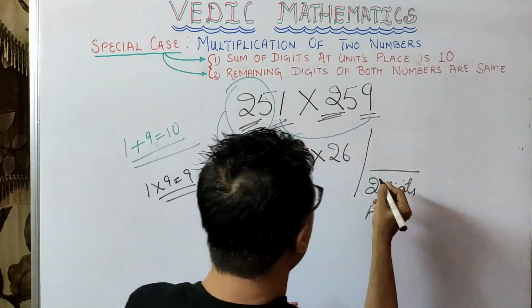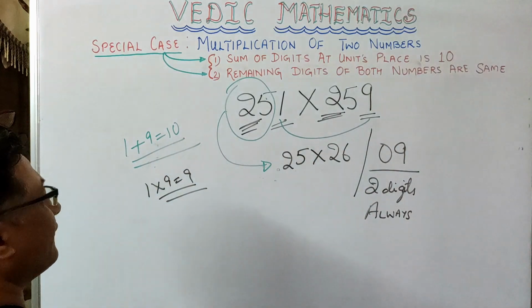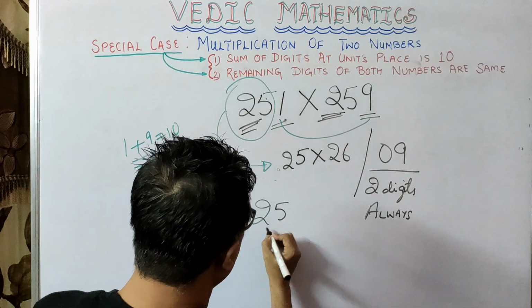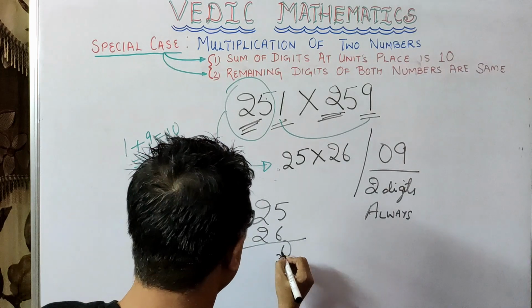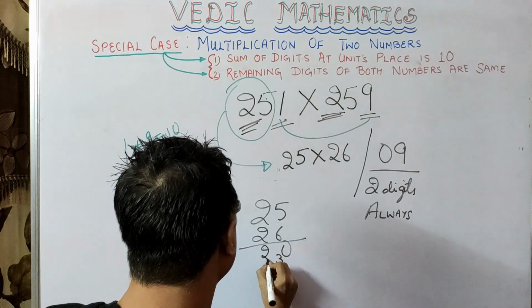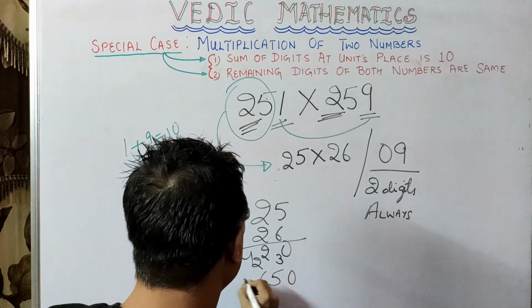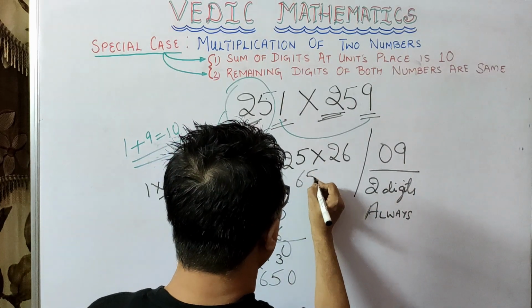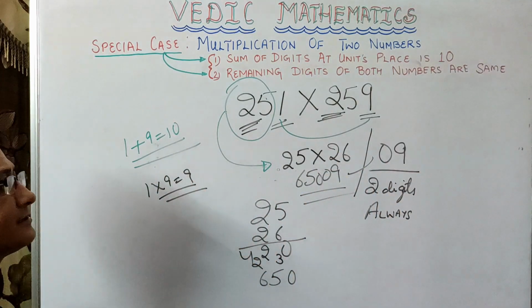So you add a 0 before 9, and what is 25 multiplied by 26? It is 650. So your answer will be 650 and then 09. This is your answer.